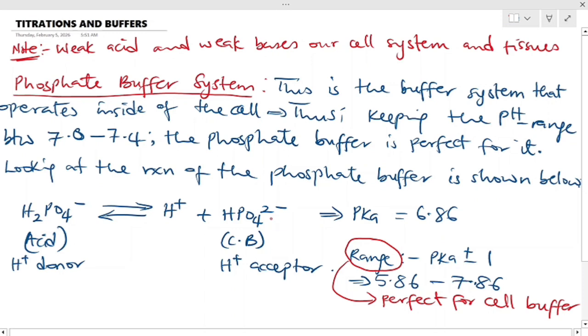And this is actually perfect. Why? Because the normal pH of the cell is somewhere between 7.0 and 7.4, which implies the normal pH range.